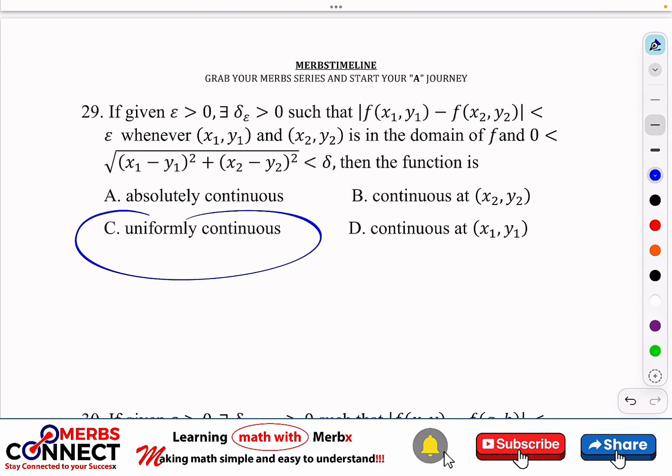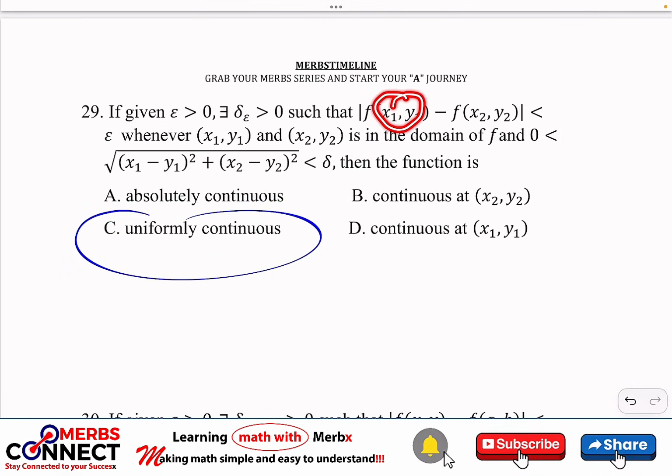It means that anytime the function is uniformly continuous, it's pointwise continuous, and any point that we pick from the neighborhood is going to make it right. So this one is going to give us the uniform continuous.